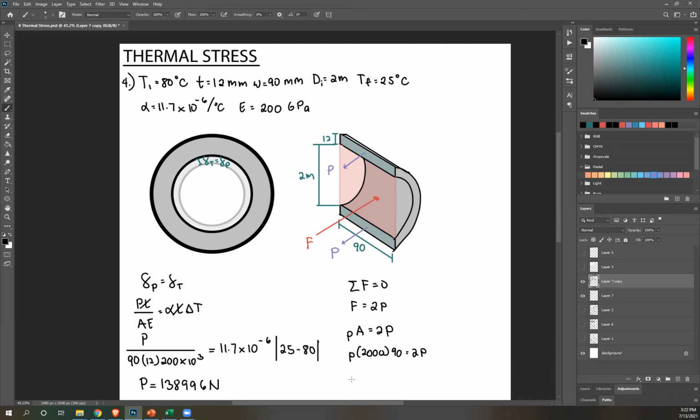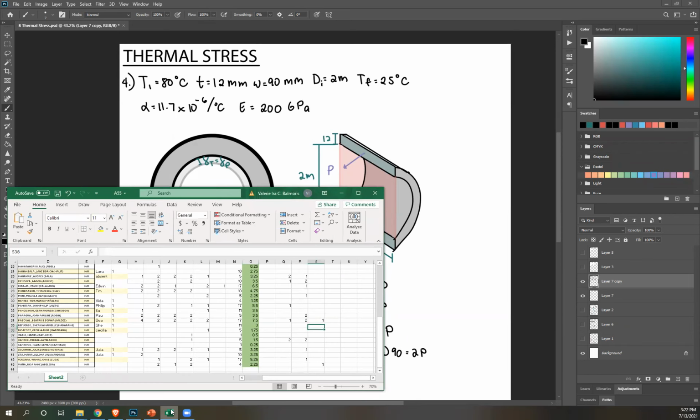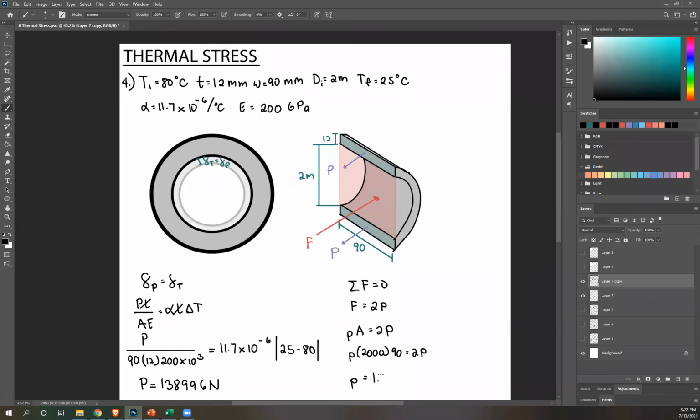From this, please solve what's the pressure. Correct. It's correct, Rika and Aaron. Okay, 1.54.